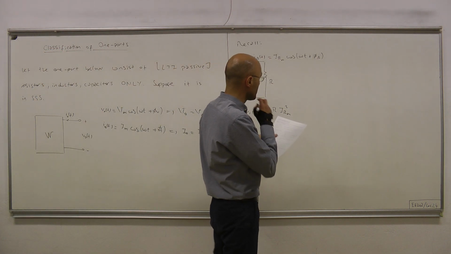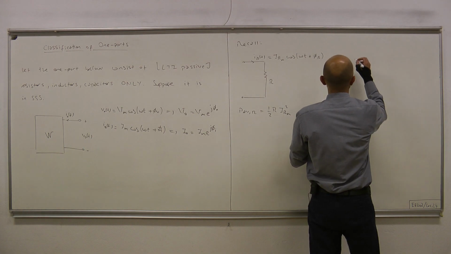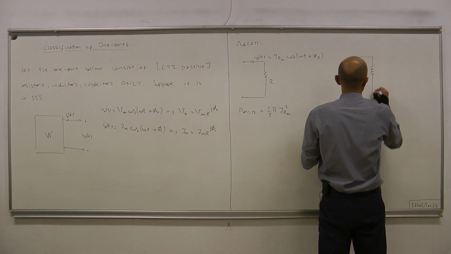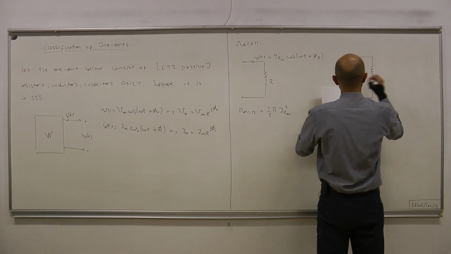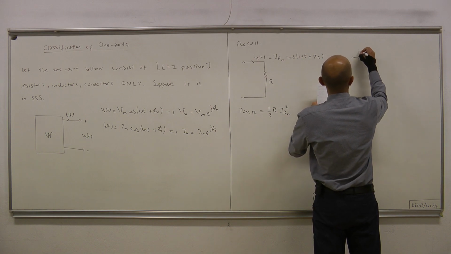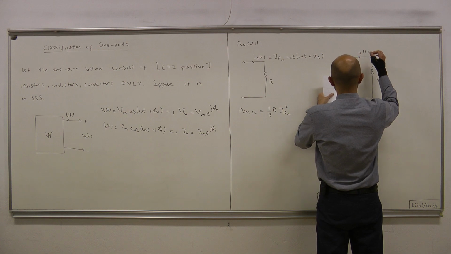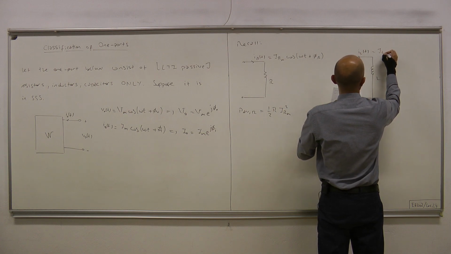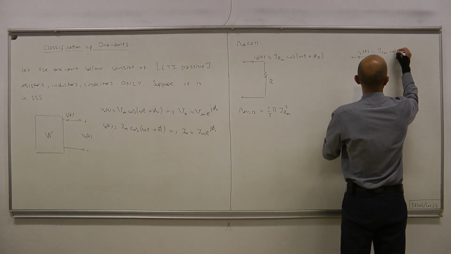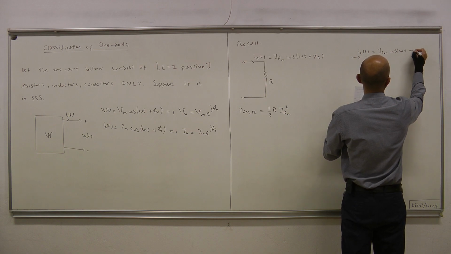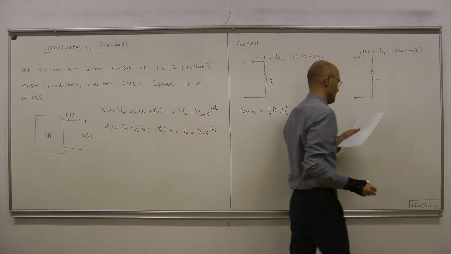And for the inductor, we had iL(t) equals ILM cosine(omega t plus phi L).